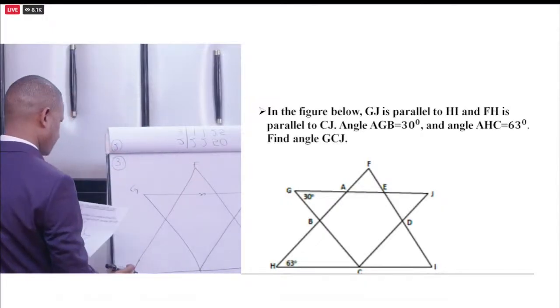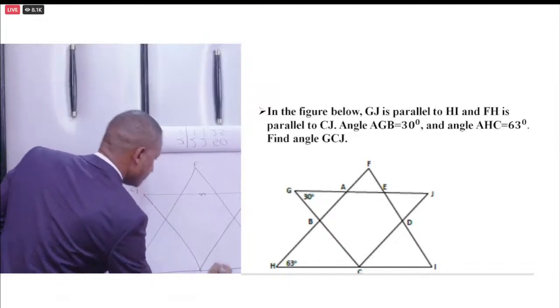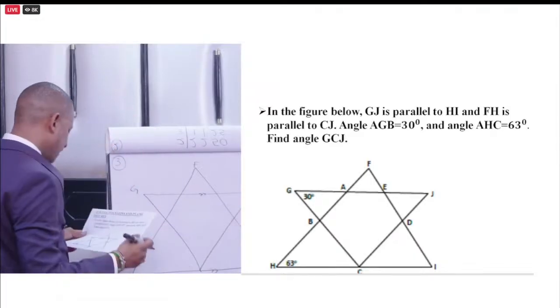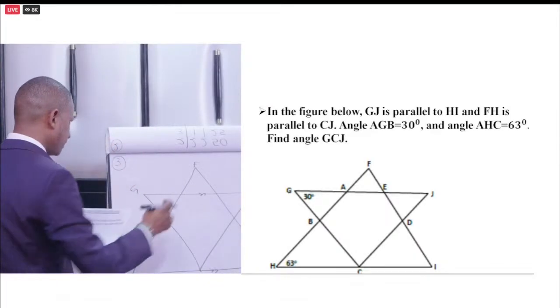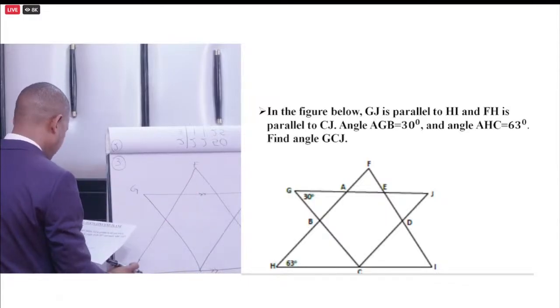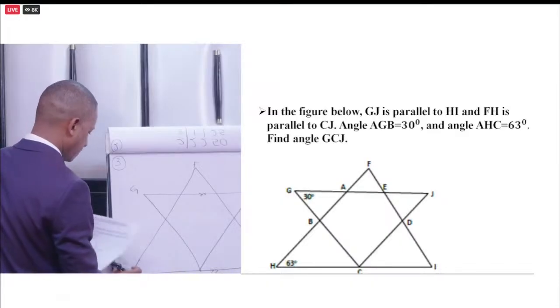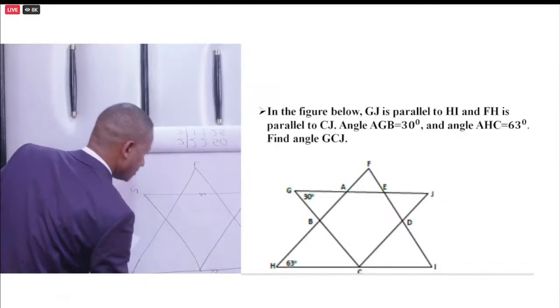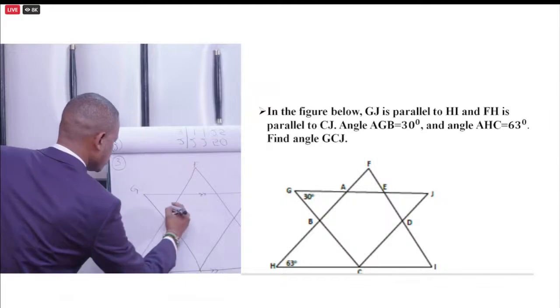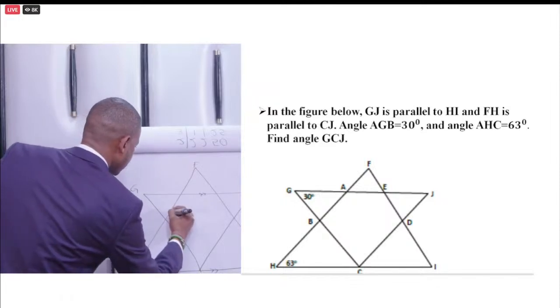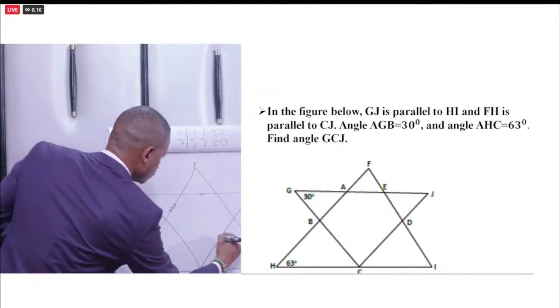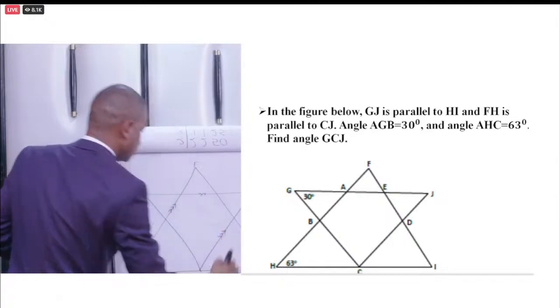FH, this is parallel to this. And FH is parallel to CJ. FH is parallel to CJ.